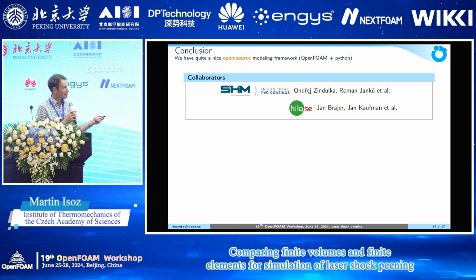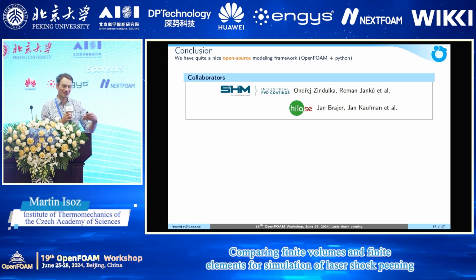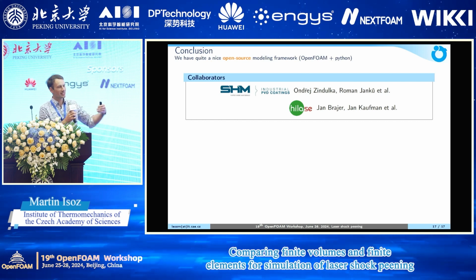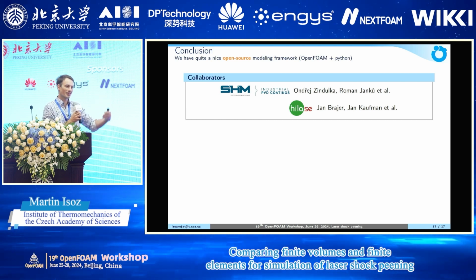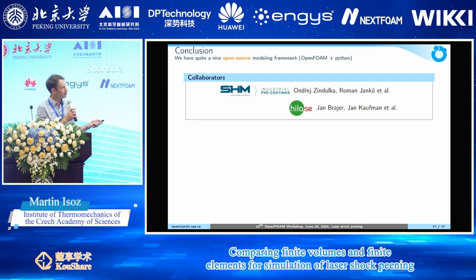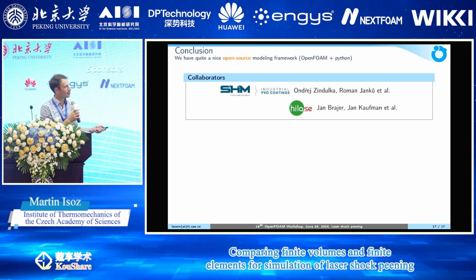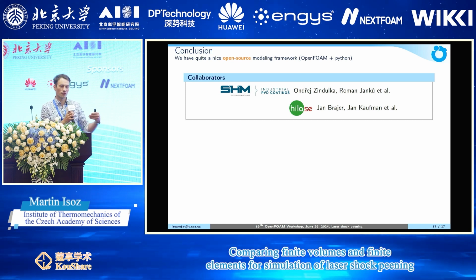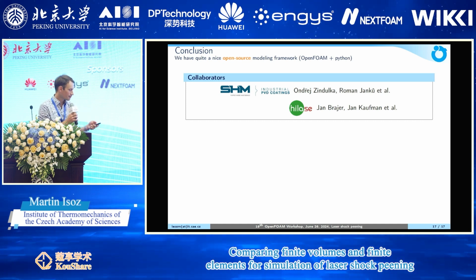So I would like to thank them for this patience and for providing us with time and experimental data, and for taking the results of our simulation and presenting them to the customers. Then there is quite a big group at the other research institute who provided experimental data.